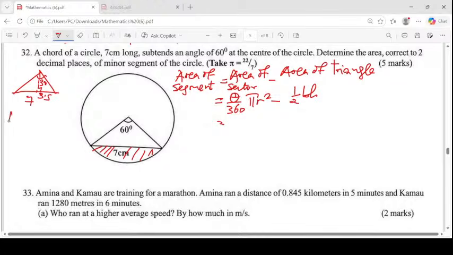I'll use tan. Tan 30 is equal to opposite, which is 3.5, over adjacent, which is h. So h is 3.5 divided by tan 30. When you take 3.5 divided by tan 30, you get 6.06.